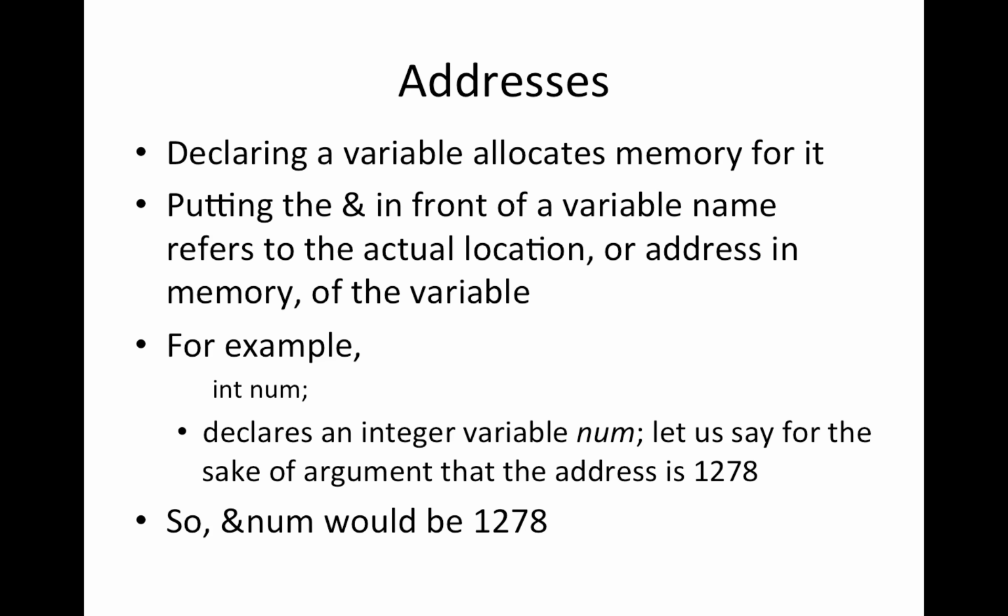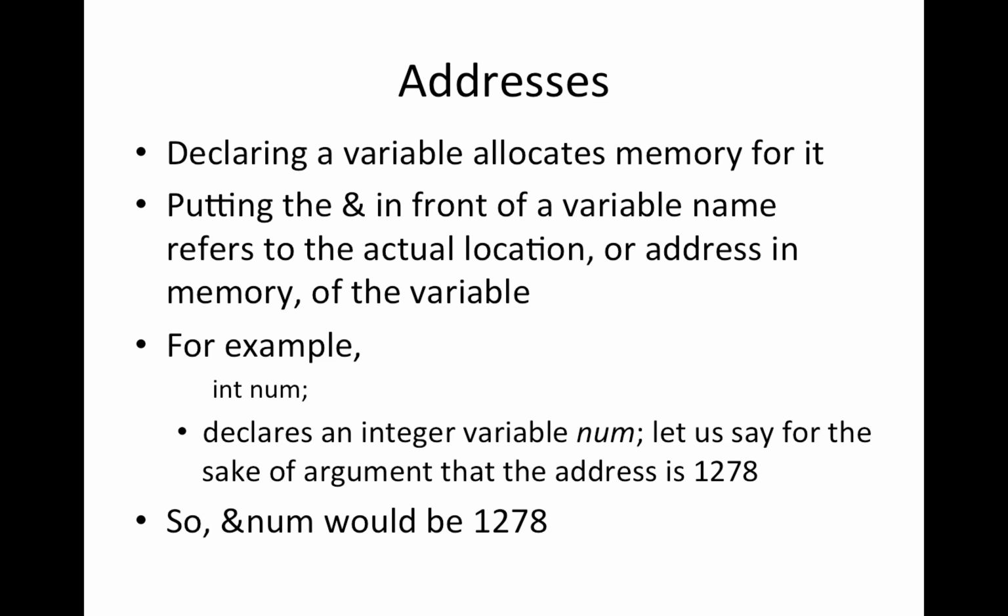For example, if we declare an integer variable named num, that sets aside a location in memory that's large enough for a variable of the type int. The way we refer to the location is with the name of the variable, num. So far we haven't paid any attention to where that actually might be in memory, but that's what we're going to do now.